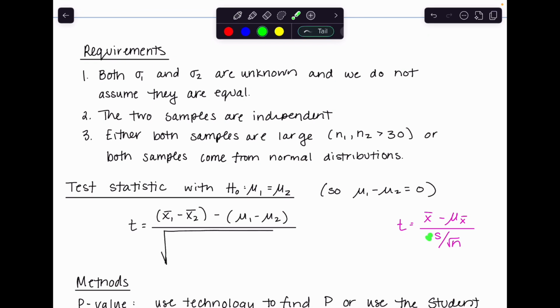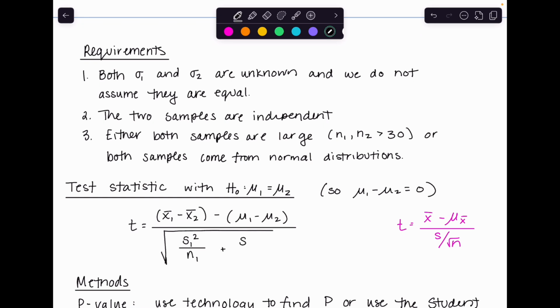What would happen is this was originally under a square root to just get the standard deviation, so it dealt with the variances. But here, because we have the 2, it's not going to simplify. So we have to take the first sample variance, square it, and divide it by its sample size.